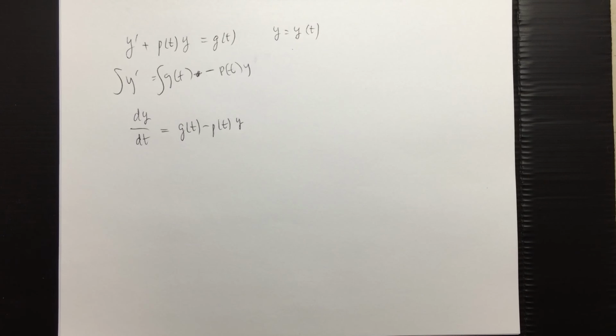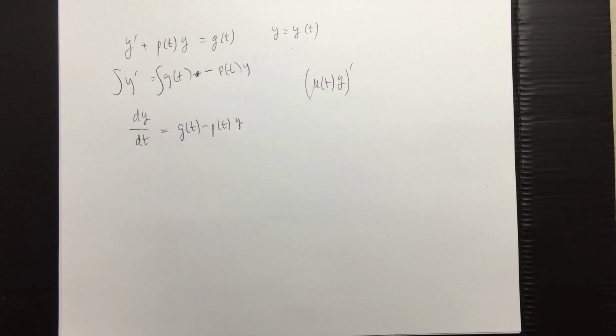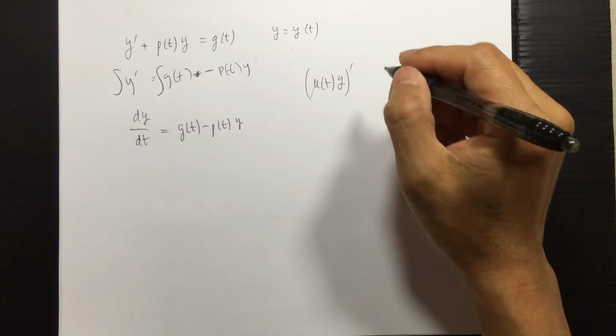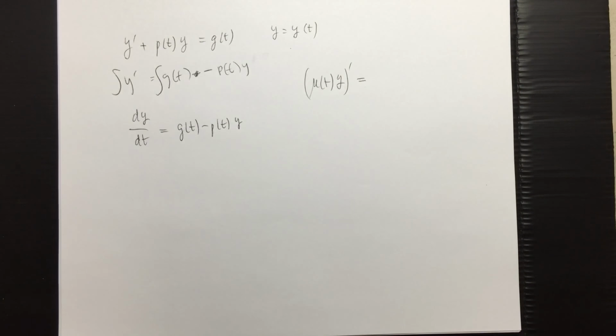Let me ask you this question. Let me say a function, any function of t. Let's just call the function mu of t, multiplied by y. When I take a derivative of that, do you know how to open up this bracket?